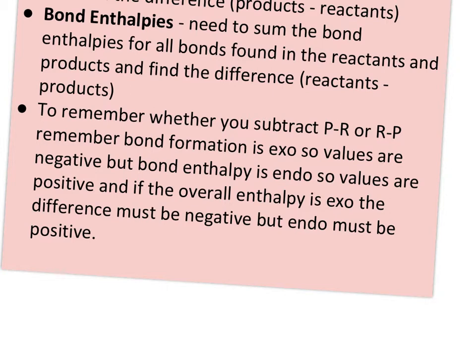I hope that makes some sense, but that's how I reason my way through it. I look at the fact that heats of formation are negative values, bond enthalpies are always positive values, and what would have to happen to yield an overall negative or positive reaction? Which way would I subtract?